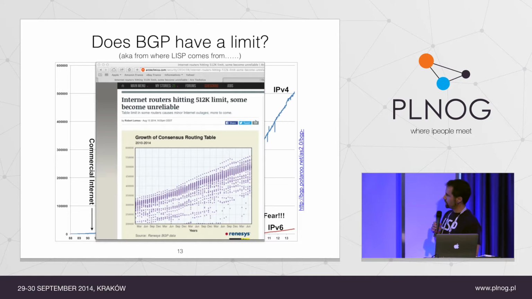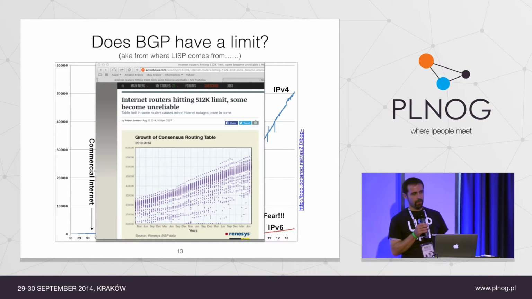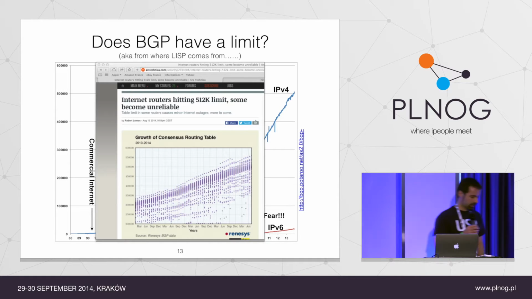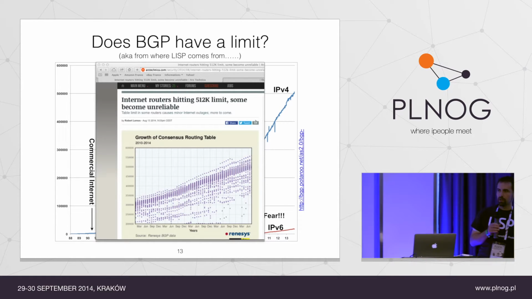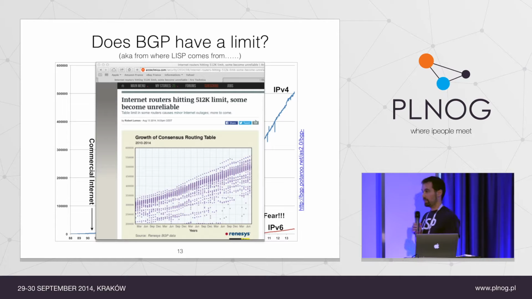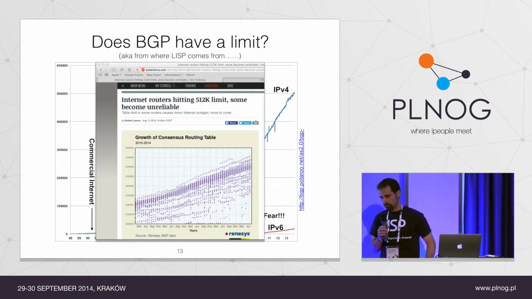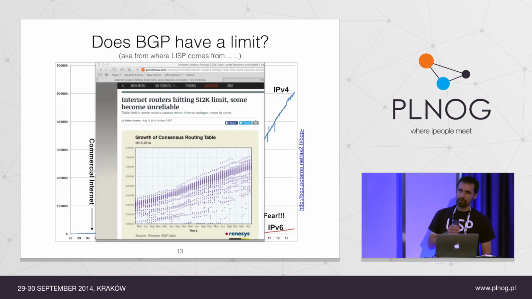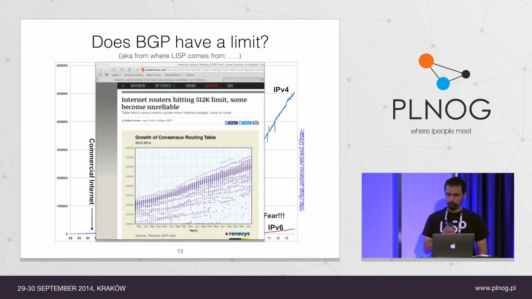So back a few years ago, around 2007, the pace of the increasing prefixes was so fast that there was fear that very soon the BGP infrastructure would explode, right? So a bunch of people met together and said, we should do something about it. And as usual, there are some people that say, yeah, this is a big problem.